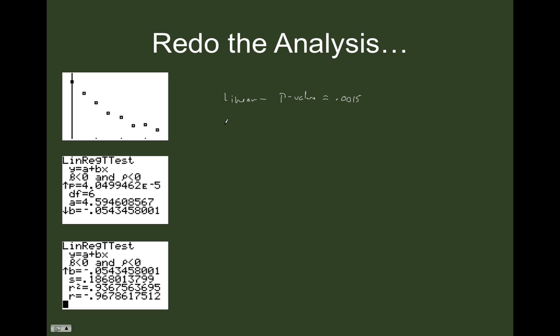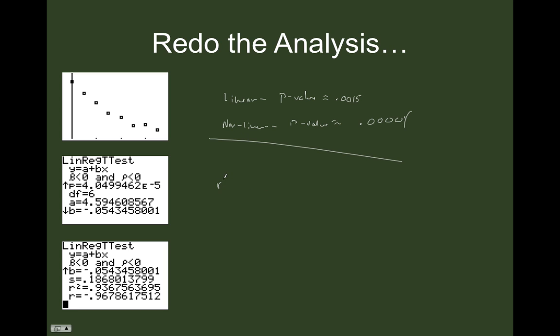And now for the nonlinear model, or the exponential model that we're looking at, the p-value is about 0.00004, okay? So yeah, it's a smaller p-value, it's more significant, and that's good. That means the model's improved.